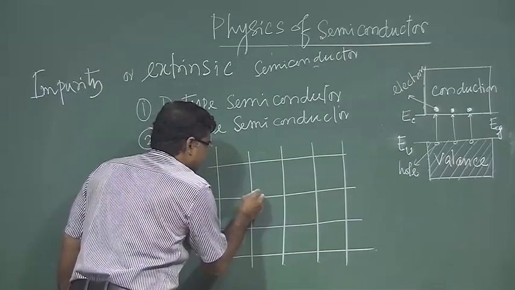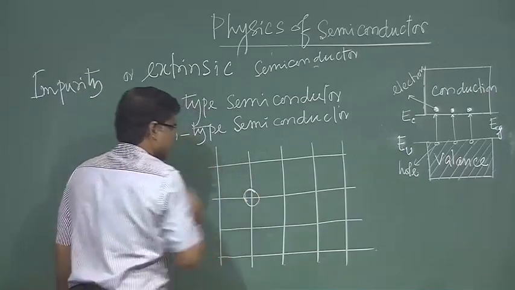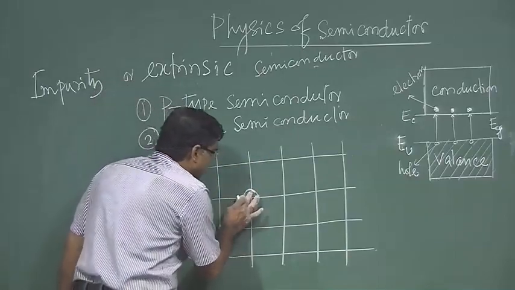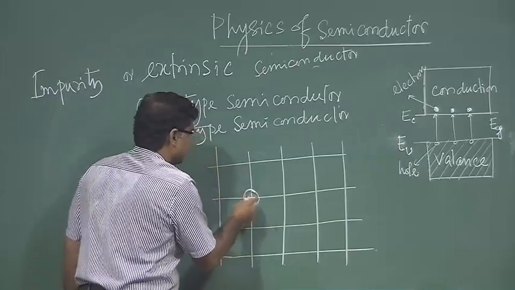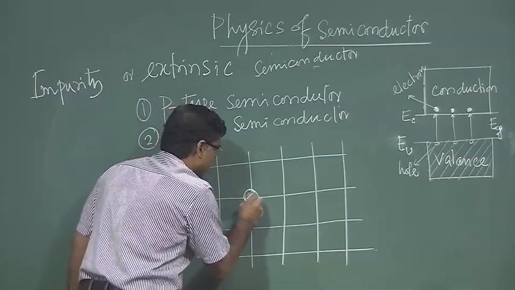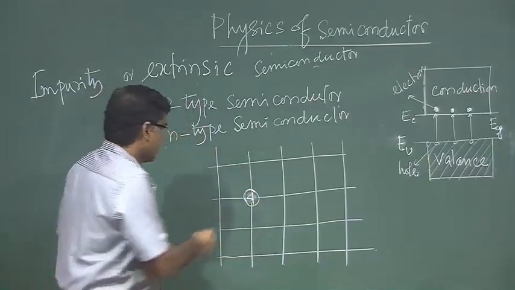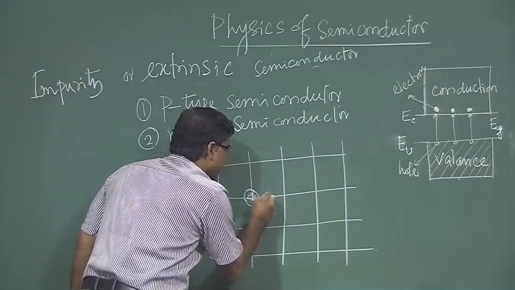So there is a silicon atom, and it will form a lattice. So, how is the lattice formed? These are basically the core of silicon having 4 positive charge, right, and then it will form bonds.